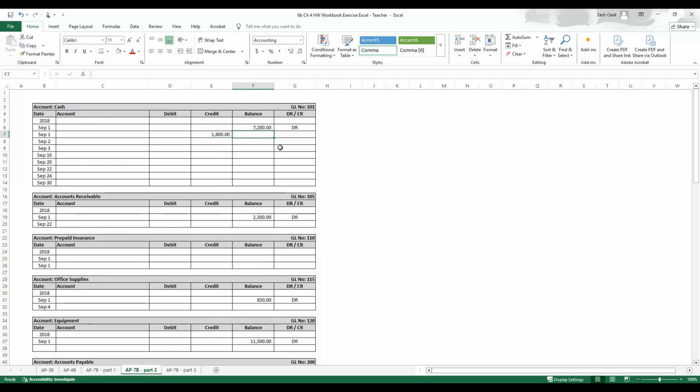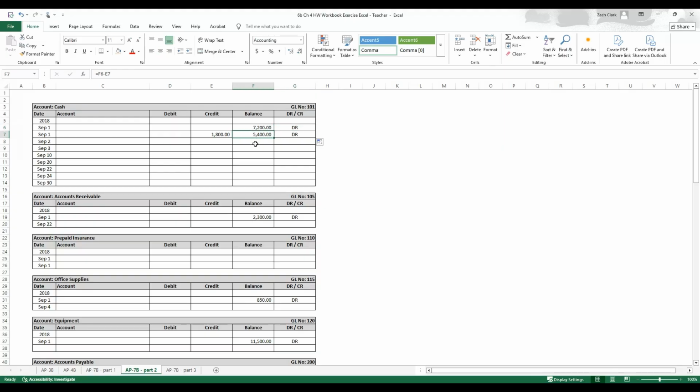And the way that these balances are going to work in the ledger accounts is that this is a debit balance. And so if we were to debit that, remember, a debit to an asset is an increase, a credit is a decrease. But we're crediting, so we're decreasing cash. So we're going to take the previous balance minus this credit amount. And I'm just going to drag that out because it's still a debit balance.